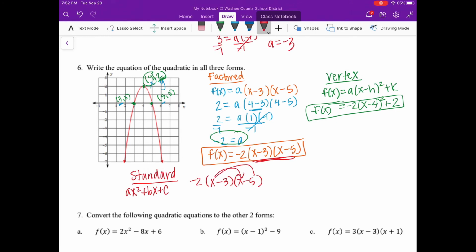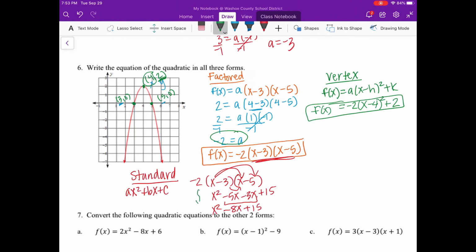So I'm going to multiply these through, double distribute. I have x squared minus 5x, and then -3 times x is -3x plus 15. Combine your like terms here. You get x squared minus 8x plus 15.